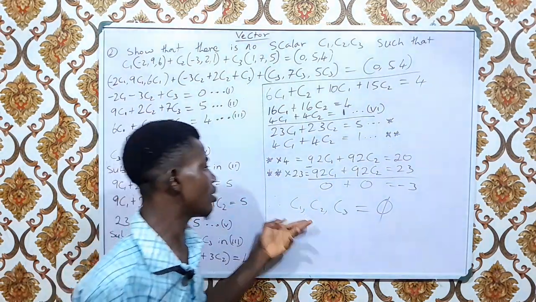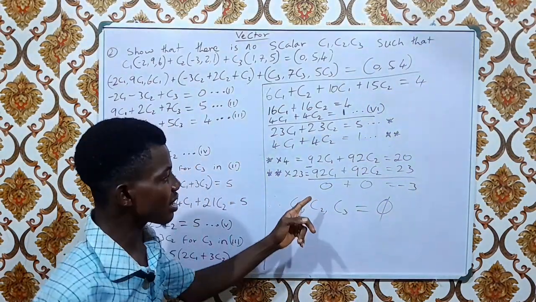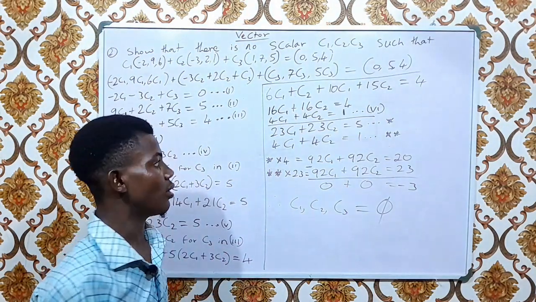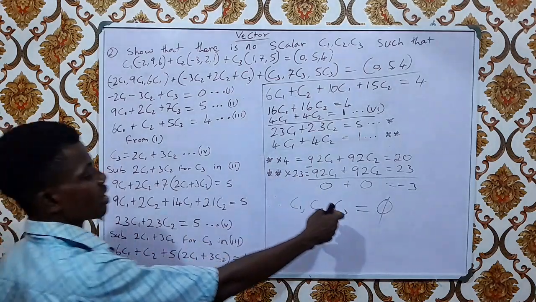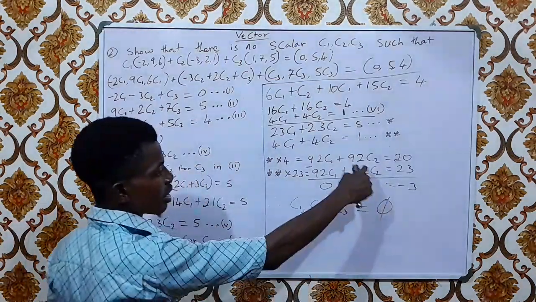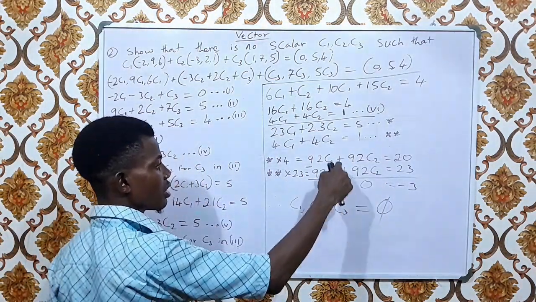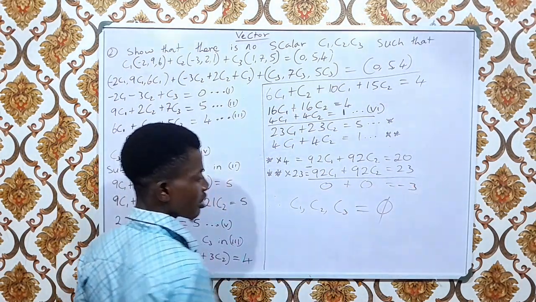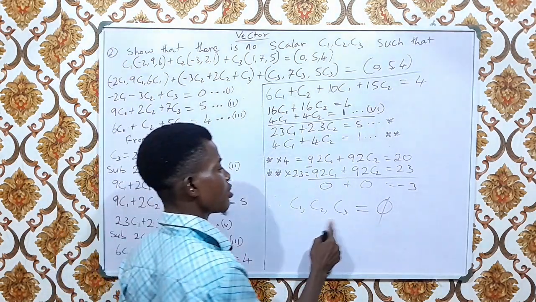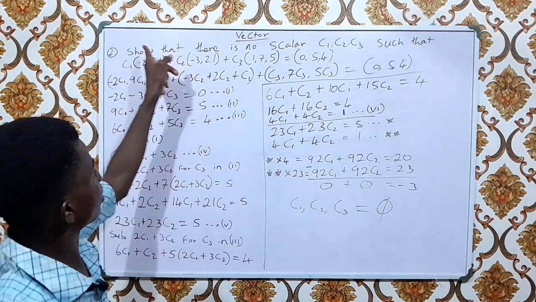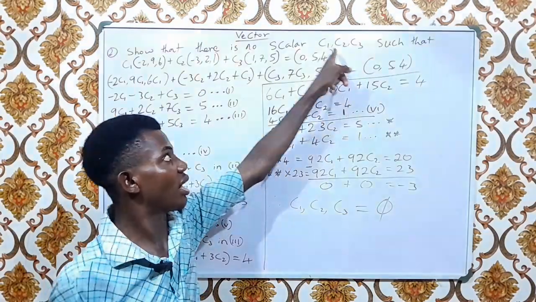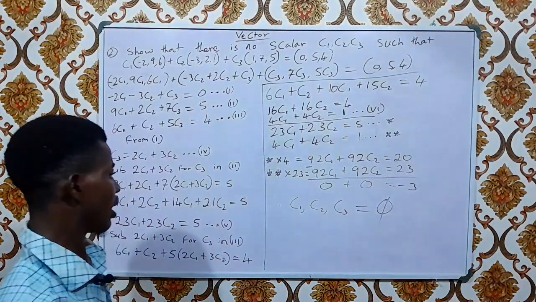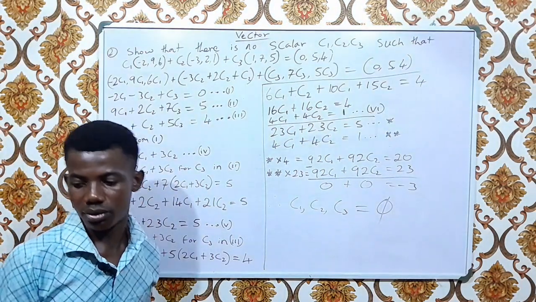Since our C1 and C2 delete themselves at once, and we have already put C3 in terms of C1 and C2, both of them deleted themselves, and we have minus 3. So C1, C2, C3 is empty. So there is no scalar in this that will produce what? This. Let's see the third example.